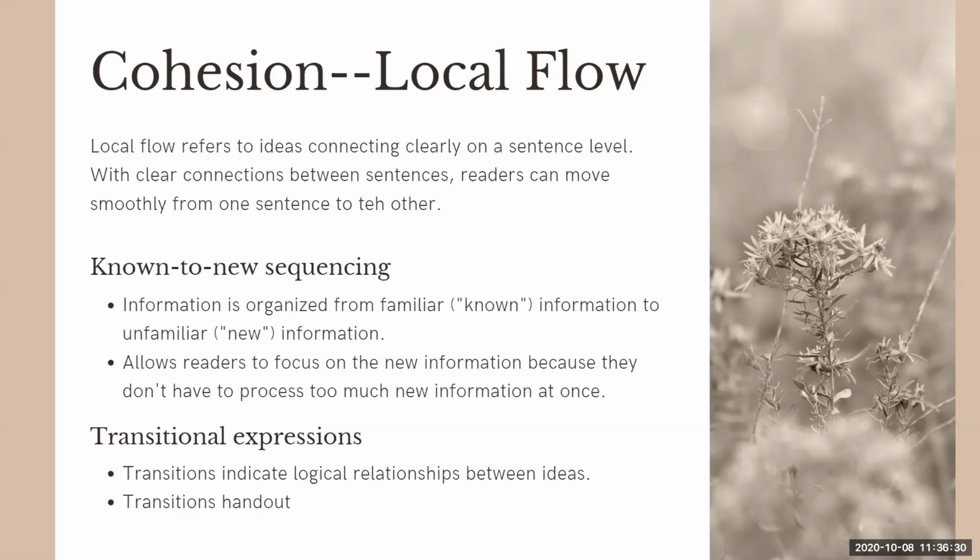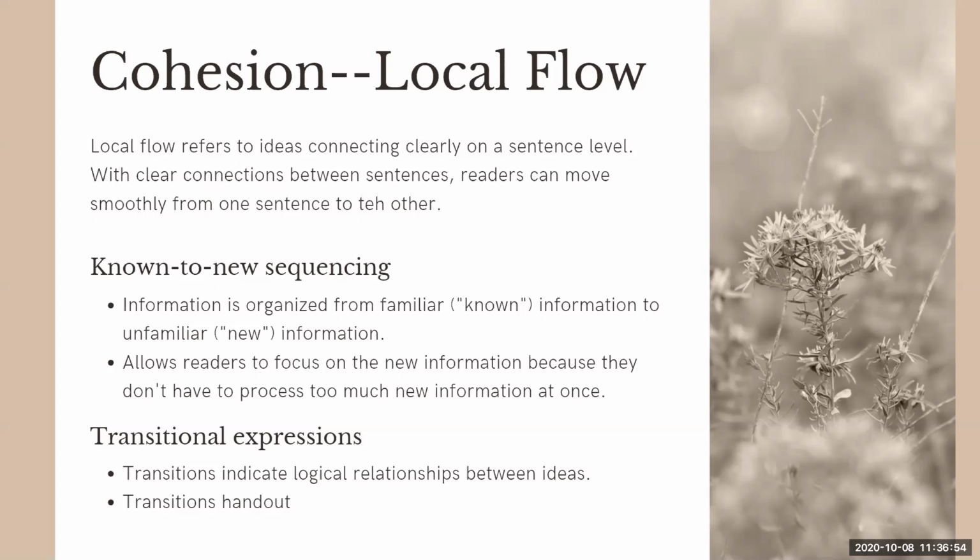So we started from the broad spectrum of global flow, and now we're getting to the smaller pieces, which is the individual sentences. And there's a number of ways that you can organize on a sentence level, and we're going to go through those different ways. The first one is known to new sequencing.